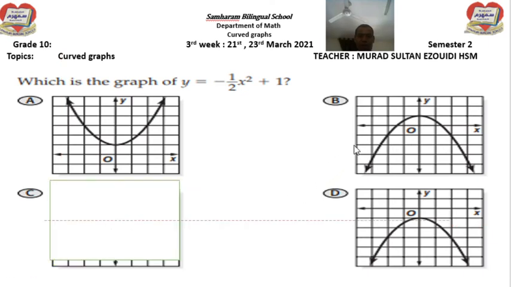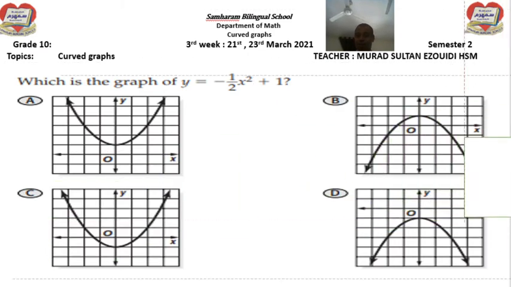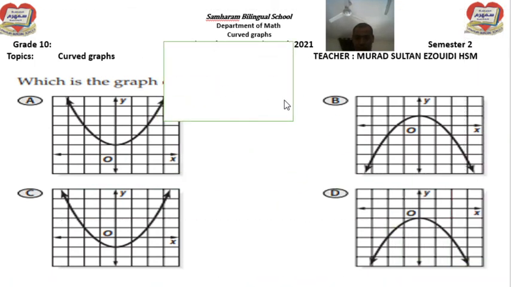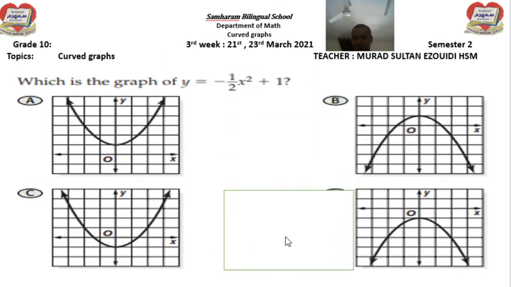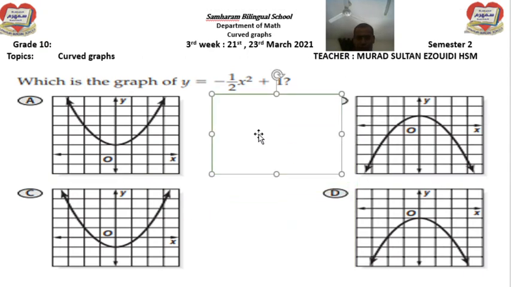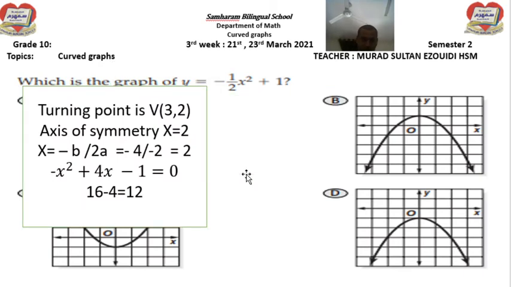Here this one opens downwards and this one opens downwards, but we will see which one best describes this equation. Now the axis of symmetry is x equals 0, and the vertex has coordinates 0, 1.